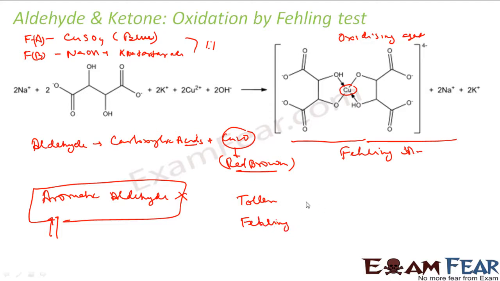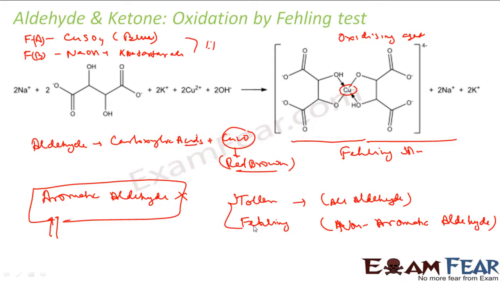You remember this: Tollens test is for all aldehydes, no ketones, and Fehling test is for non-aromatic aldehydes, or you can say aliphatic aldehydes. With these tests, we will solve some questions where we will be asked to find out the compound which reacts with test A, test B, stuff like that. Just remember this: Tollens test, all aldehydes; Fehling test, non-aromatic aldehydes.